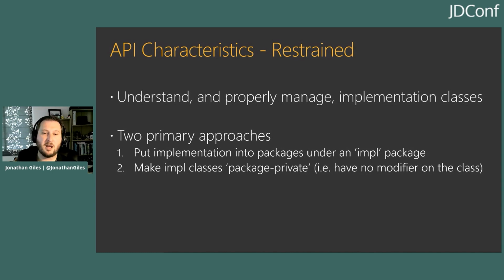We can either have an implementation package, which is really nice with the JDK 9 modules, or even better than that, we could just have package-private classes inside our public API. These package-private classes can't be accessed by any class outside of that package. So either way, we're doing the best we can with the constraints that Java gives us to separate our API from implementation.